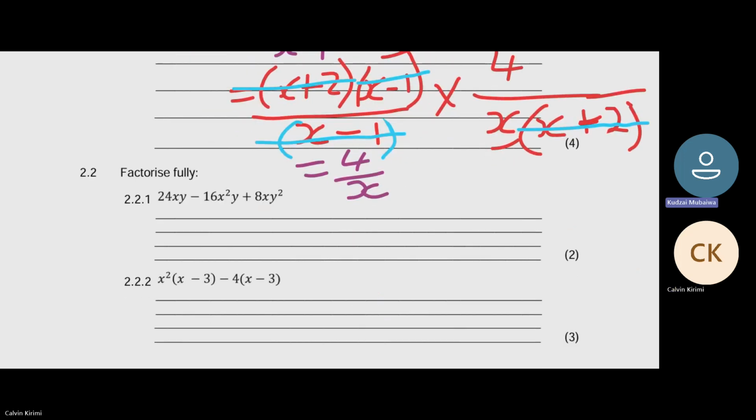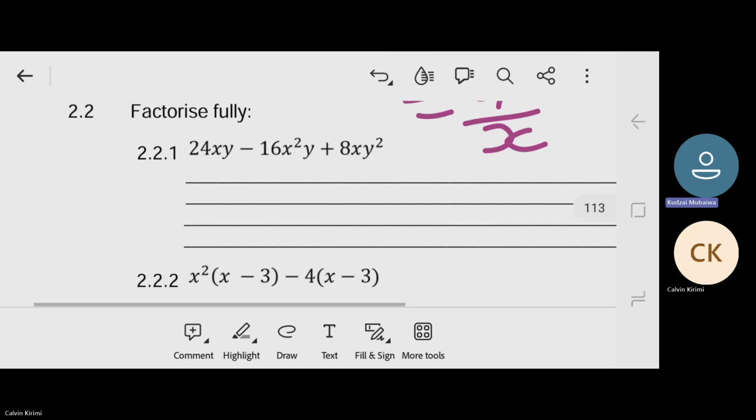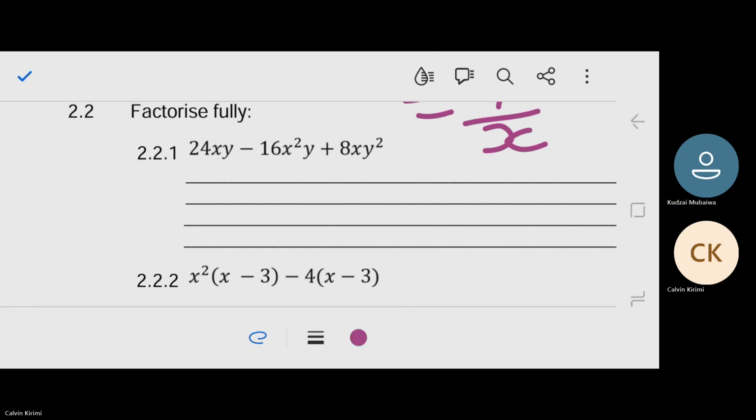Factorize number 2. What is the common factor?